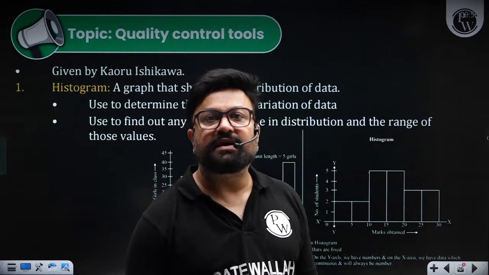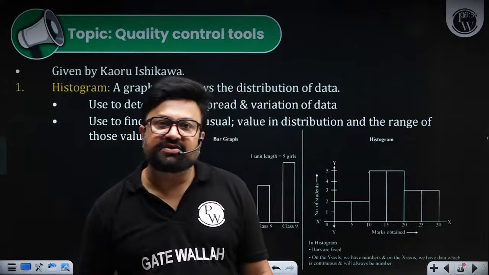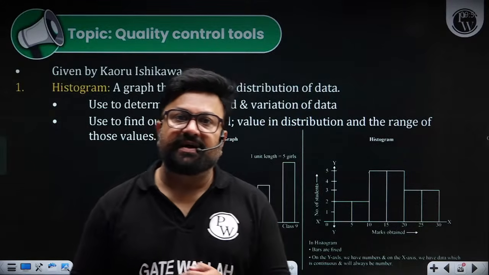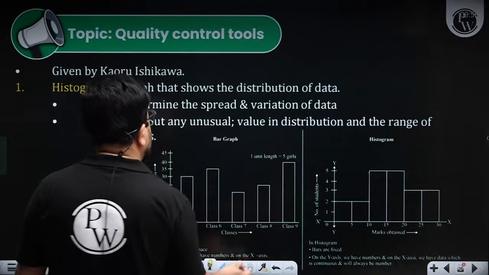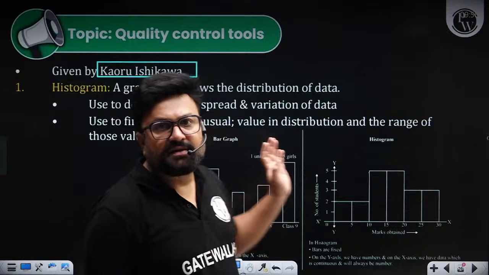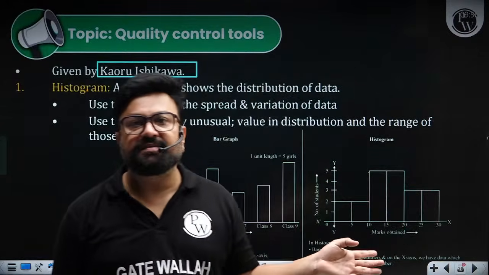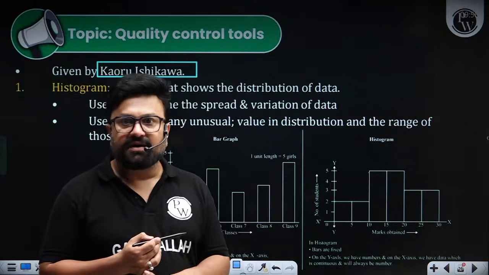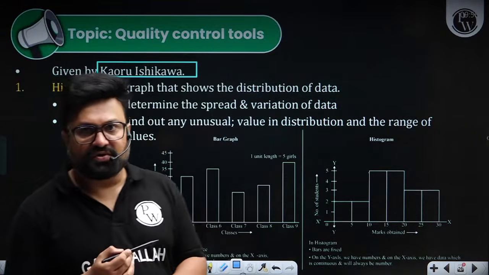It is the tool by which you monitor the quality level. It is given by Kaoru Ishikawa, right? There is a histogram. What is a histogram? A graph that shows the distribution of data, right?